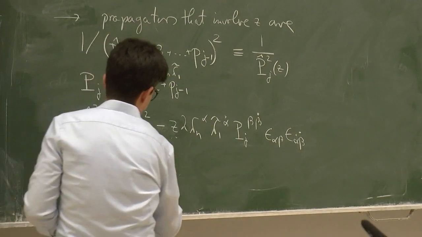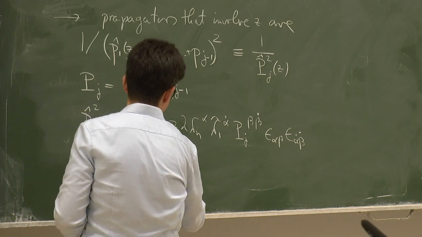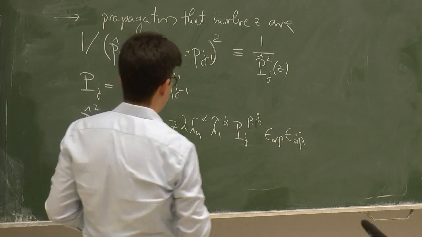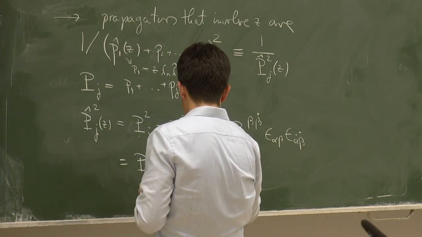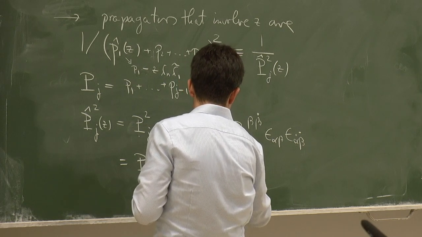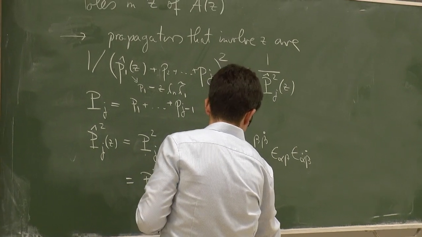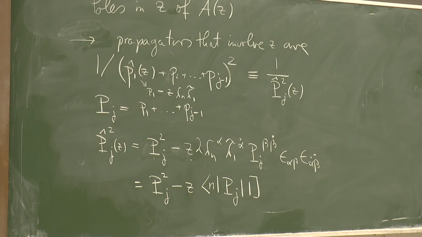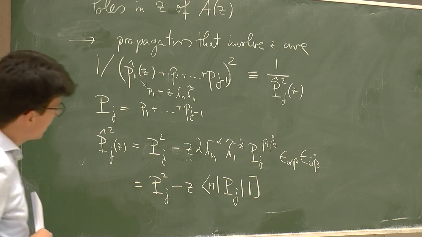Similar to the square and angle brackets that we used earlier, I denote this by the bracket n Pj 1. So this is the argument of a shifted propagator.